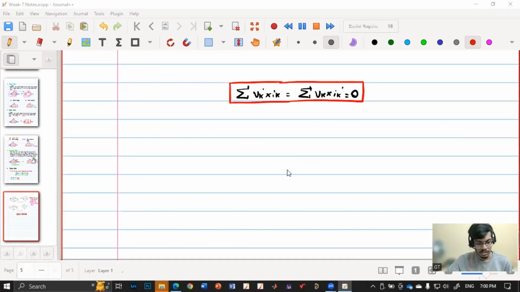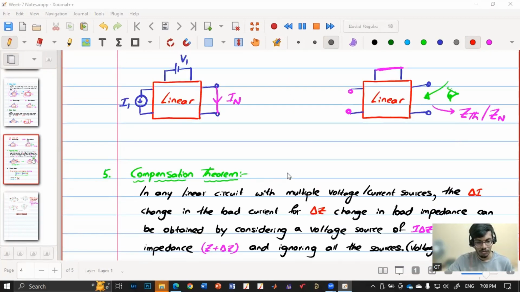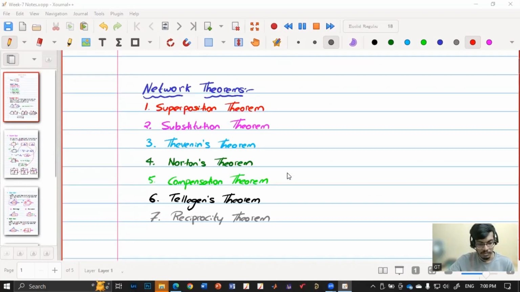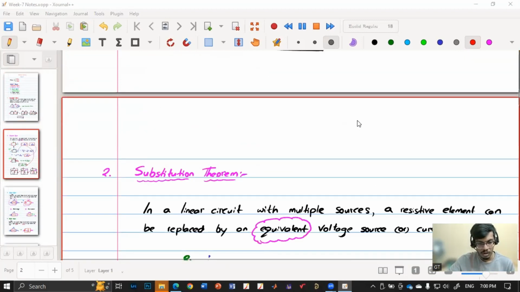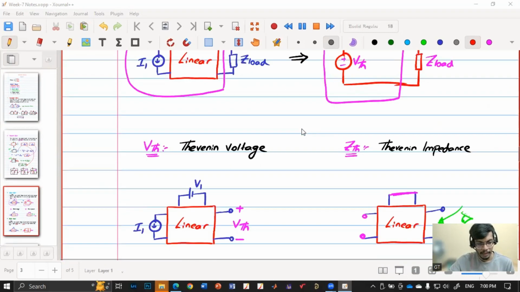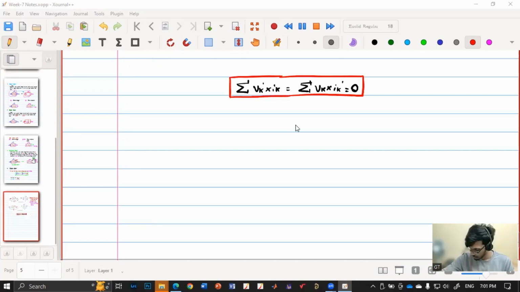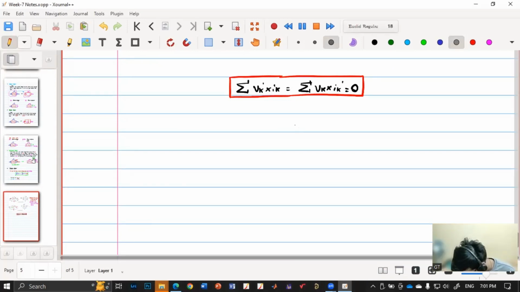So this is Tellegen's theorem. Now we'll get back to the reciprocity theorem, which is our 7th theorem. There are a lot of theorems in this week, and it may be a bit heavy for you, but try to understand and solve a few problems.